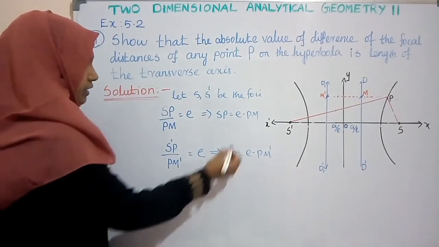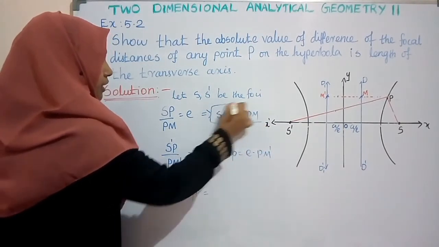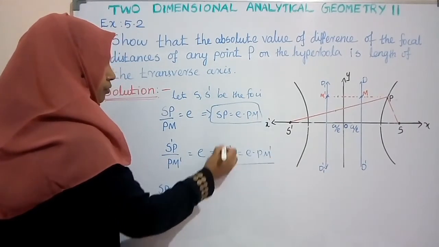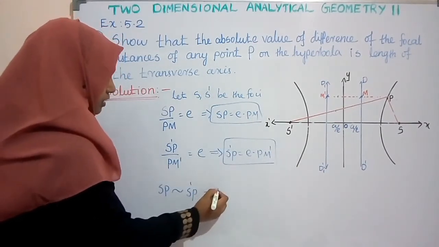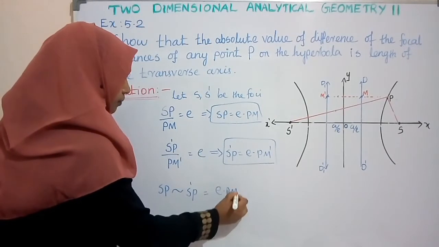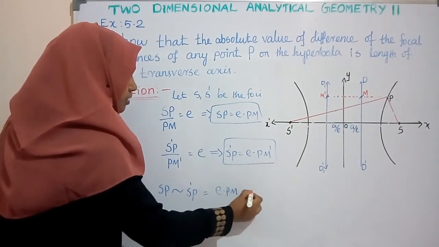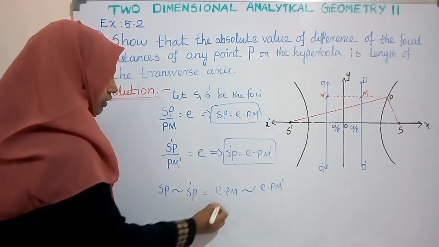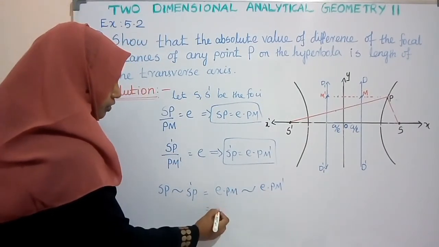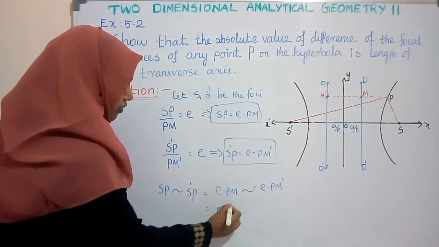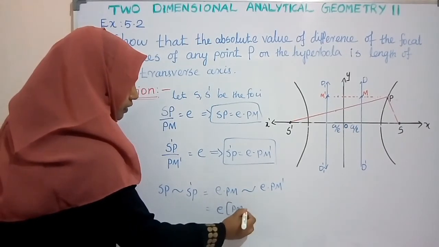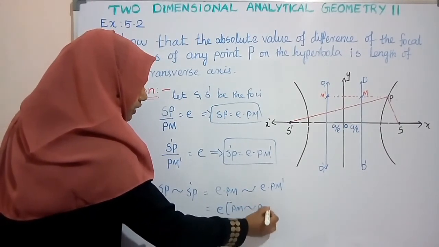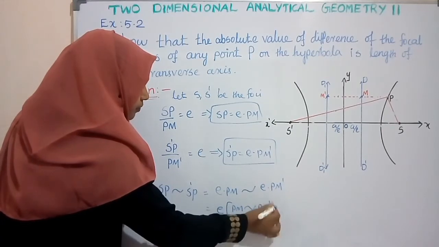It is nothing but E into PM and E into PM dash. Taking E as common, we can write E into (PM dash minus PM).